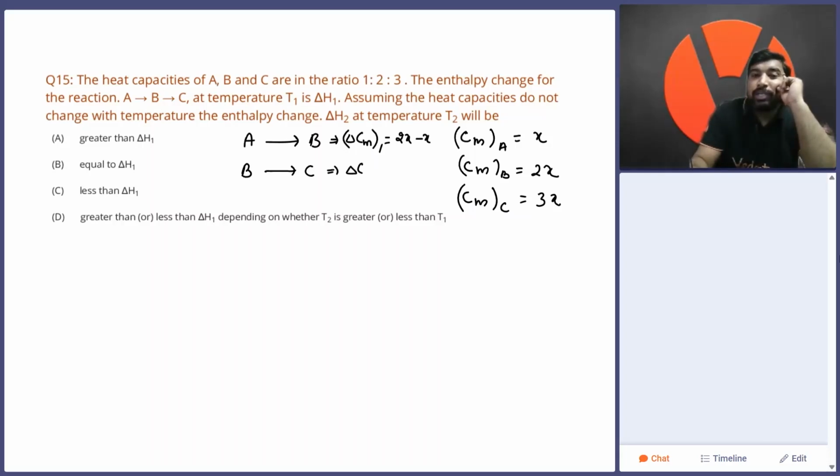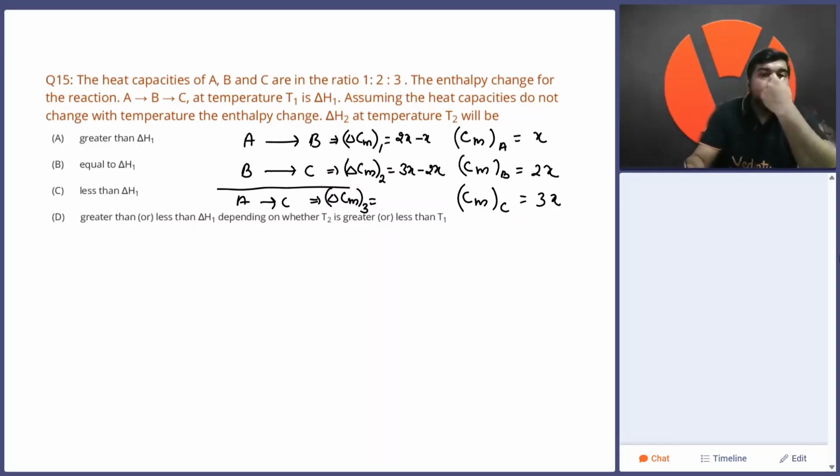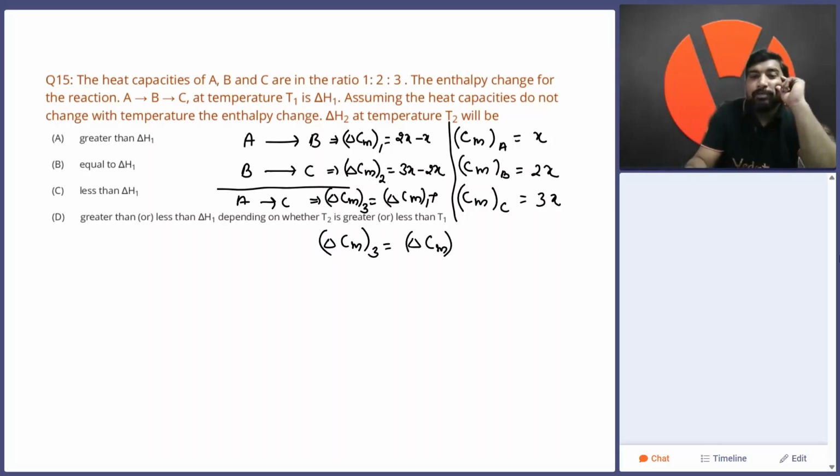For the second equation delta Cm2 should equal 3x minus 2x. Now just add these two equations, you will get A to C. For this delta Cm3 is equal to delta Cm1 plus delta Cm2.